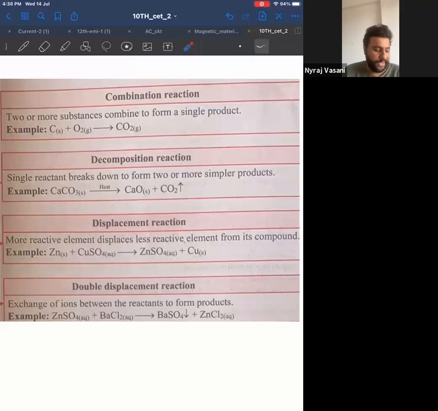So it is your decomposition reaction. A single reactant breaks down to form two or more simpler products.